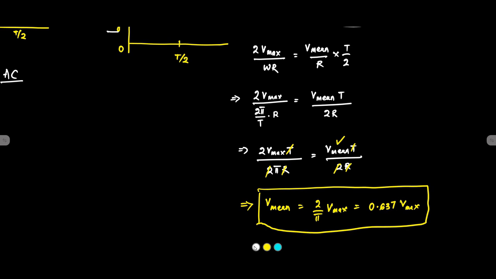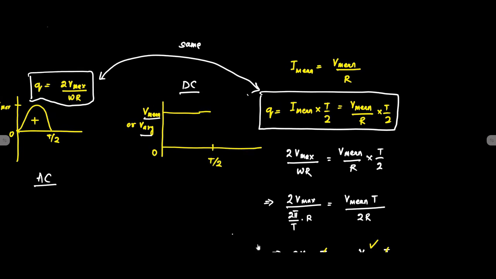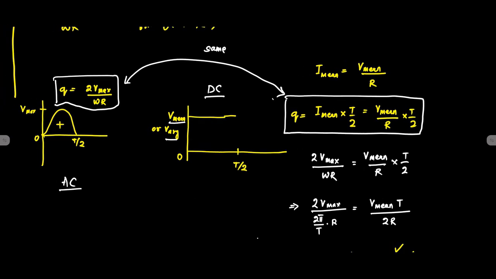So this value here, the equivalent DC value of this positive half cycle of the alternating voltage, is equal to 2 by pi V max, or 0.637 V max.